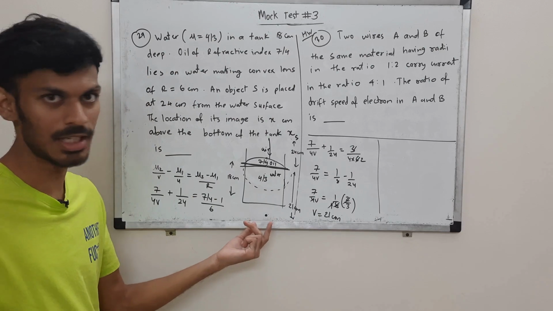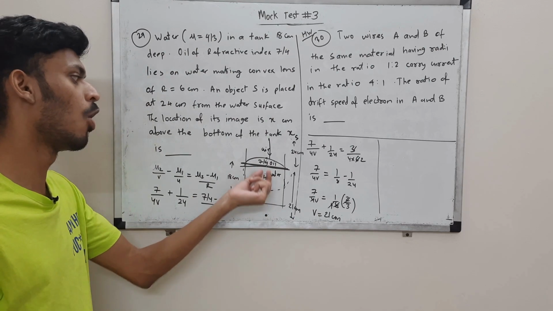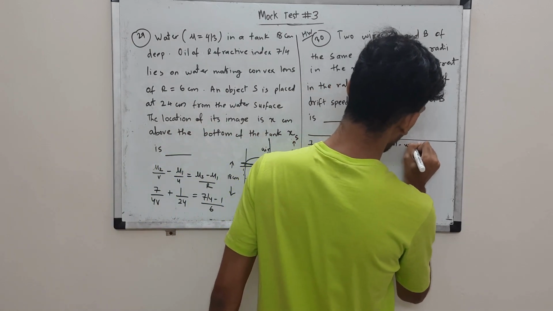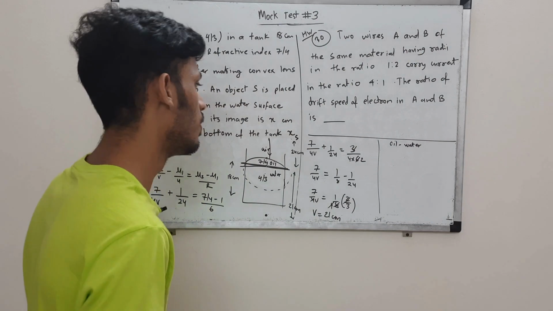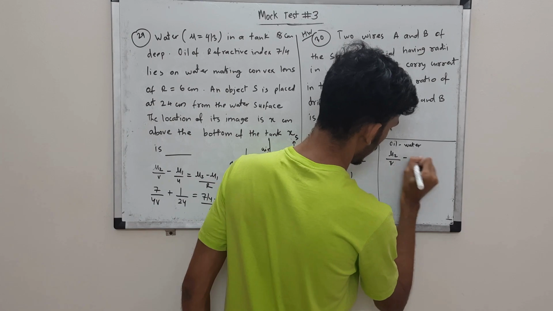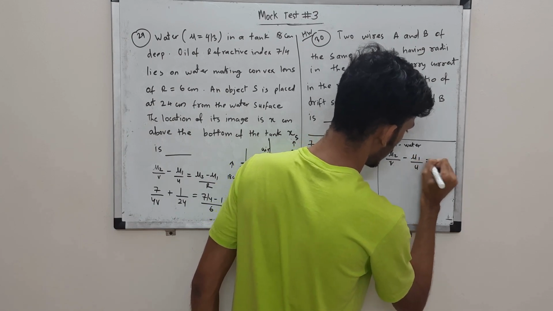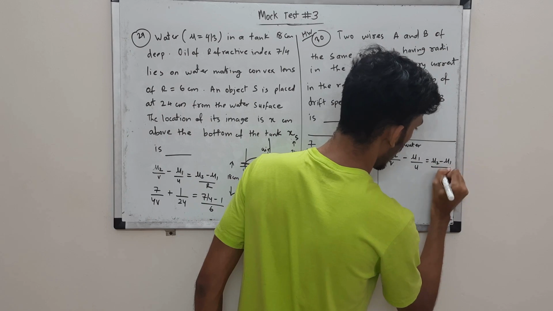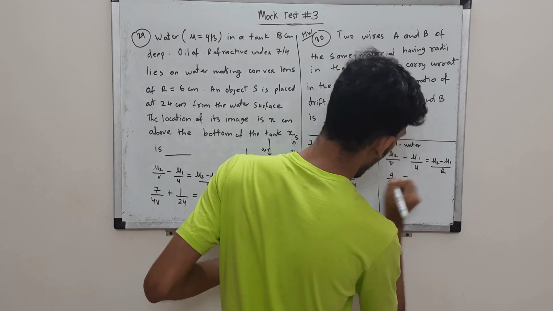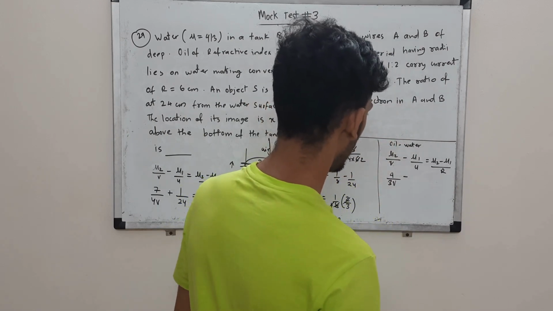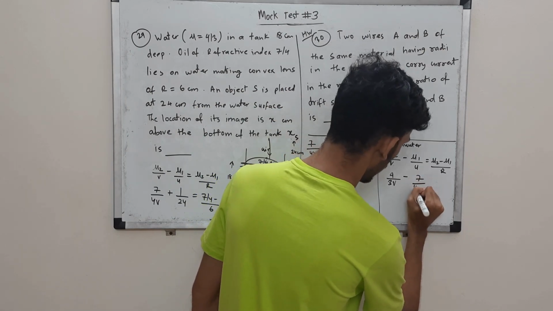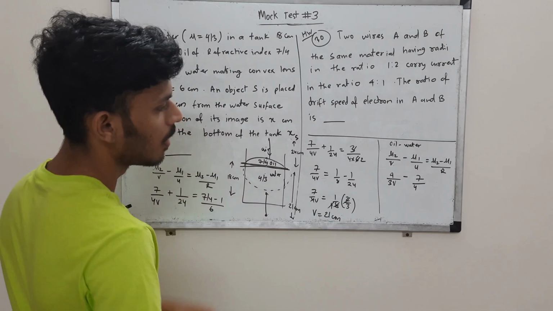Now this is not the final image, this will act as a virtual object for the oil-water interface, right? So for the oil-water interface, we are again supposed to use the formula mu2 by v minus mu1 by u is equal to (mu2 minus mu1) by R. For water, mu2 is 4 by 3 v, and mu1 will be oil, which is 7 by 4, and the distance is plus 21, right?